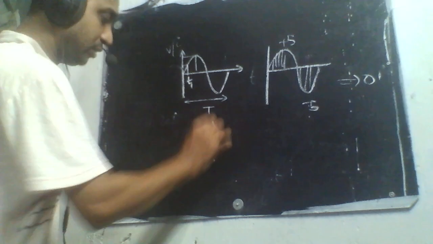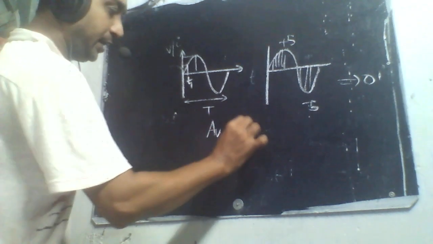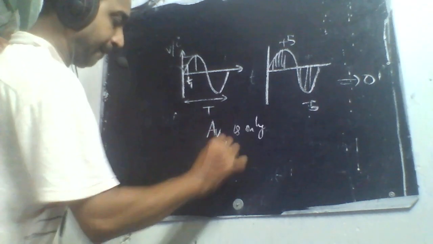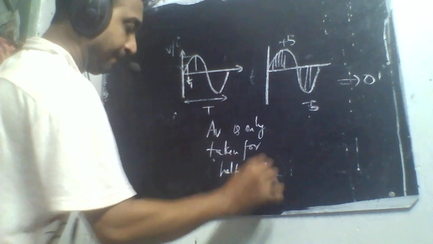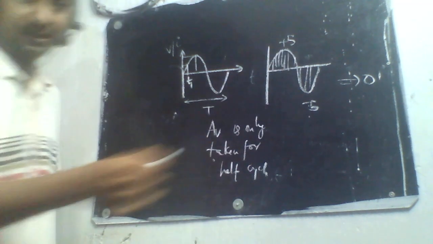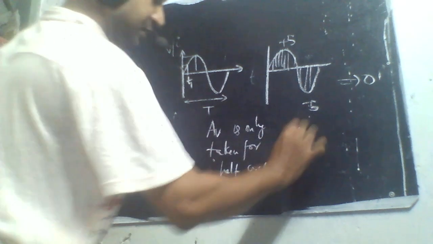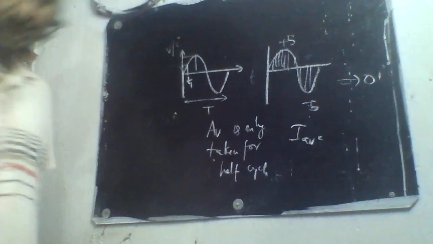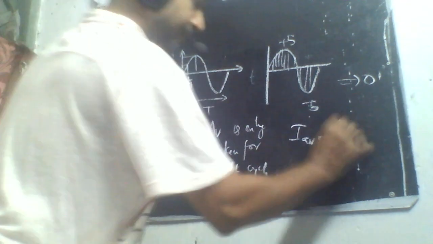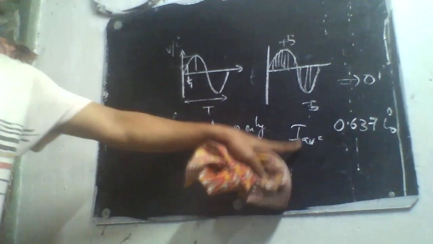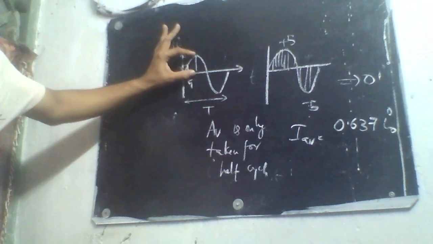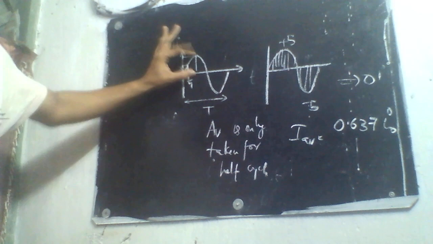So the average value of AC is only taken for half cycle. Half cycle means only one part they will take, and it is given by the equation I average is equal to 0.637 times I0. So I average is 0.637 times the maximum value.